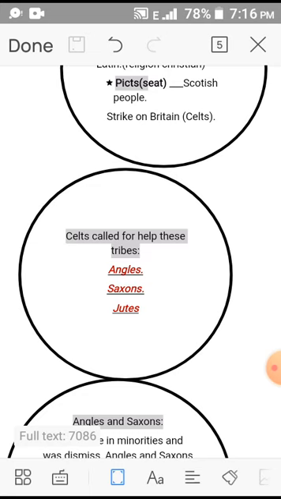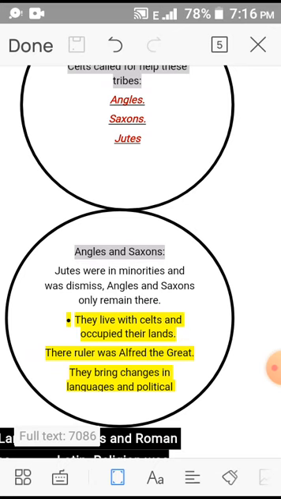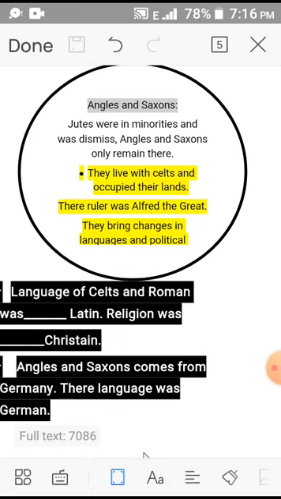Only the Angles and Saxons remained there and brought their realm in politics. Their ruler was Alfred the Great. They brought changes in language and politics as well as literature too. So this is the whole history of how British history fell down.